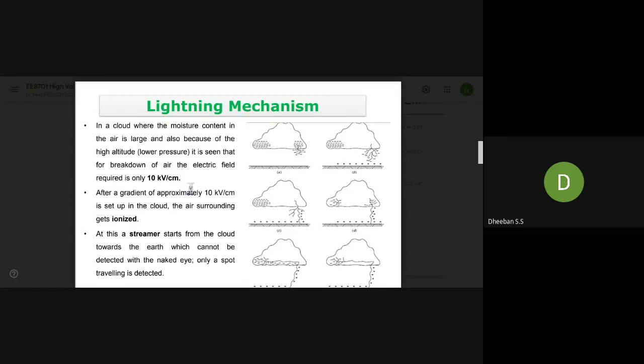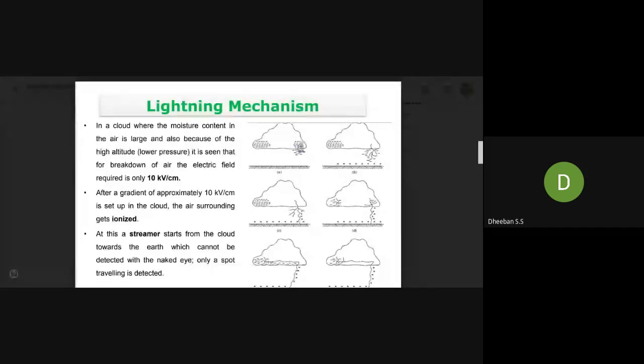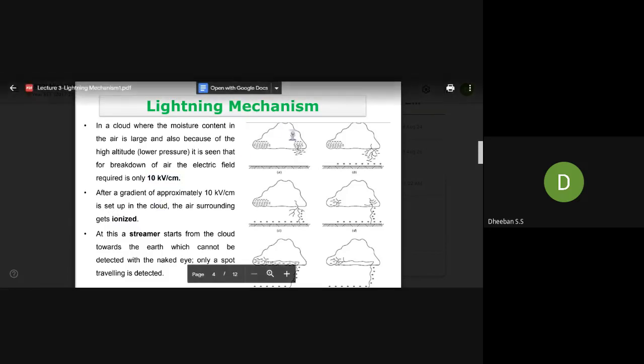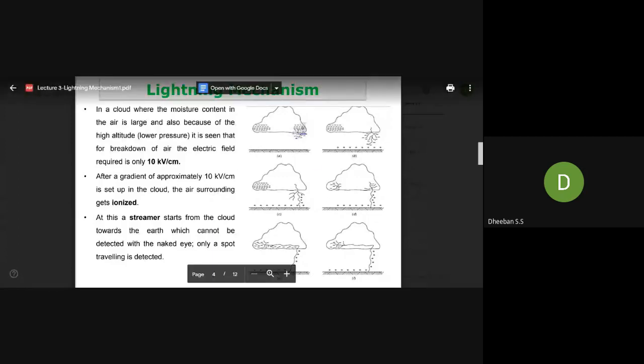After applying 10 kV per centimeter, in general the air will get ionized. First there will be negative charges at the bottom of the cloud, which will induce some voltage, around 10 kV per centimeter, which causes ionizing of the air particles around. Now the lightning gets started.